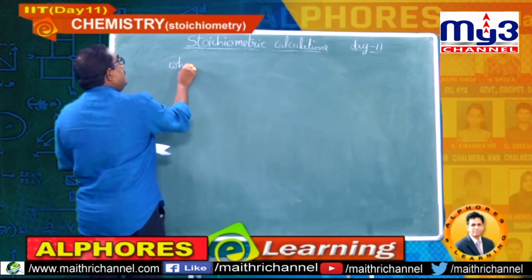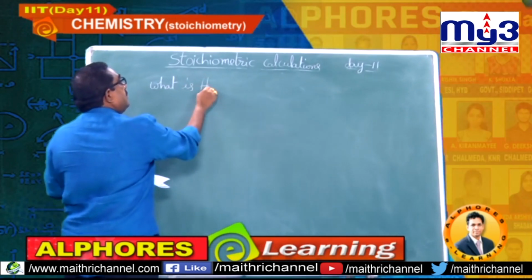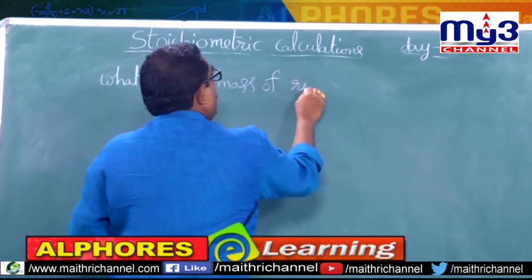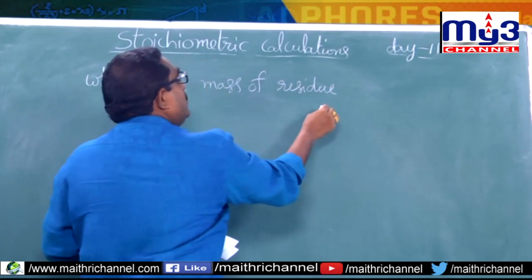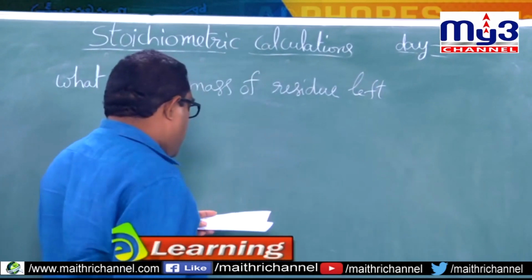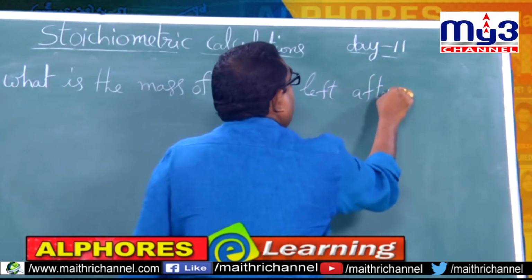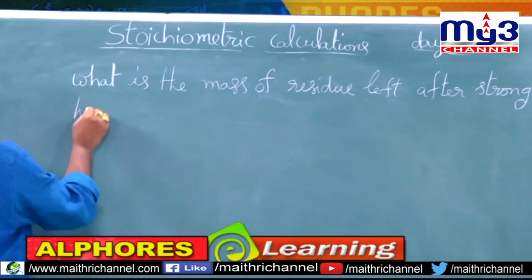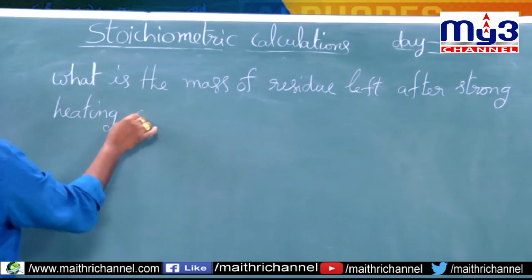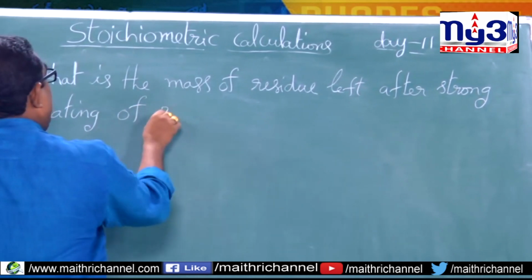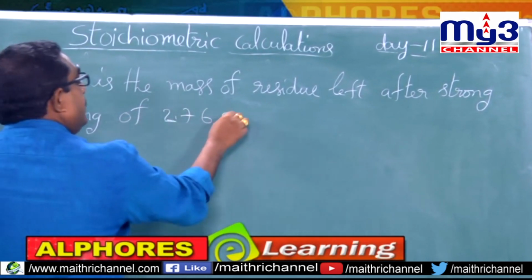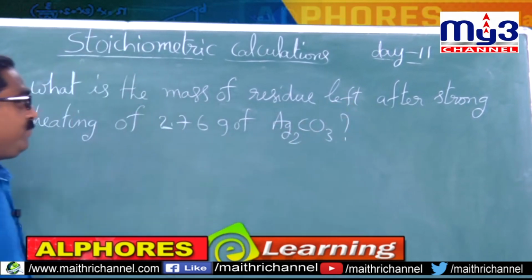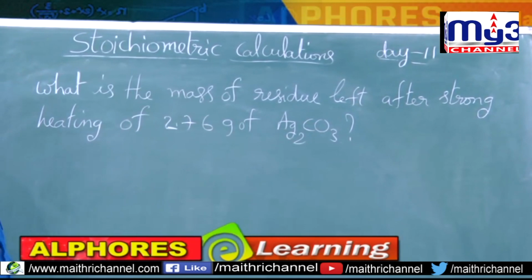What is the mass of residue left after strong heating of 2.76 grams of silver carbonate, Ag2CO3?